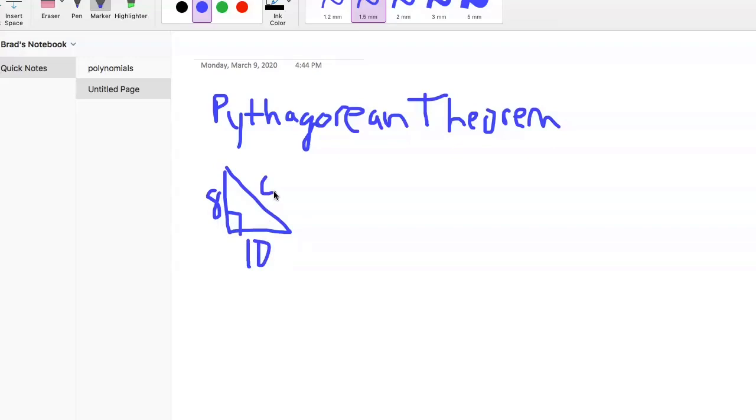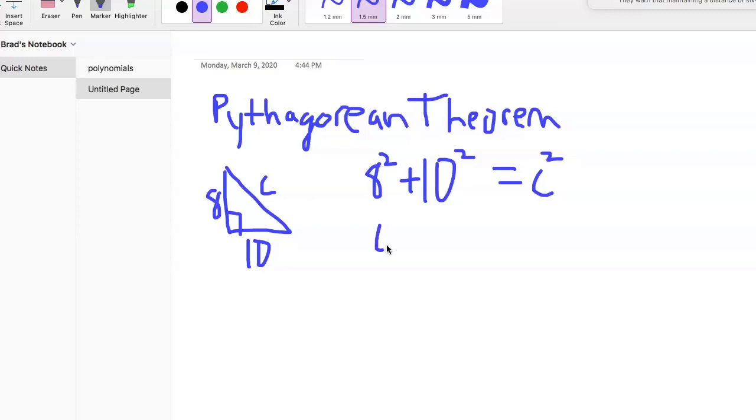It's almost exactly the same thing that we just did. a squared plus b squared still equals c squared, so we got 8 squared plus 10 squared equals c squared. Okay, 8 squared is 64 plus 10 squared is 100 equals c squared.